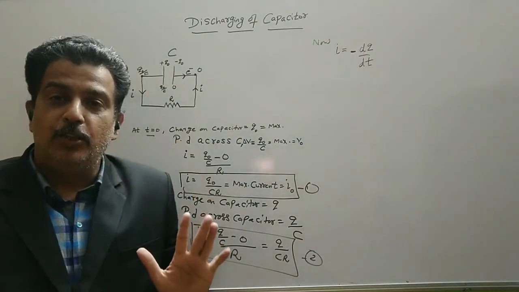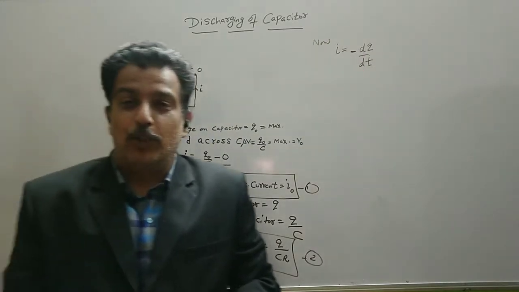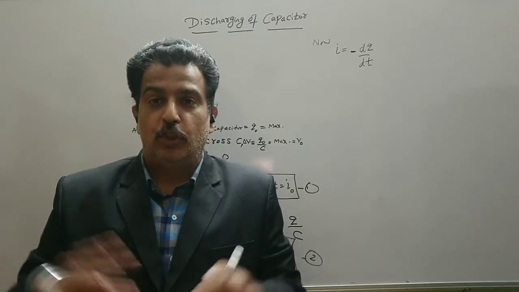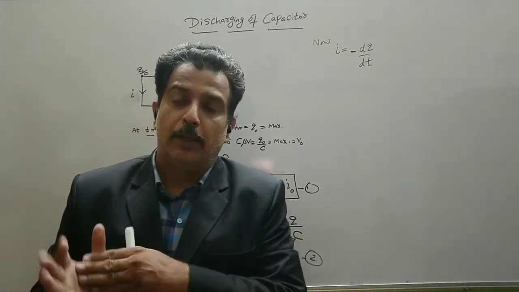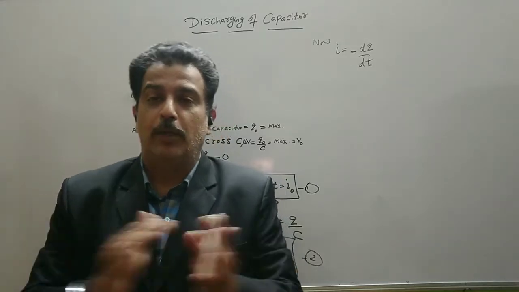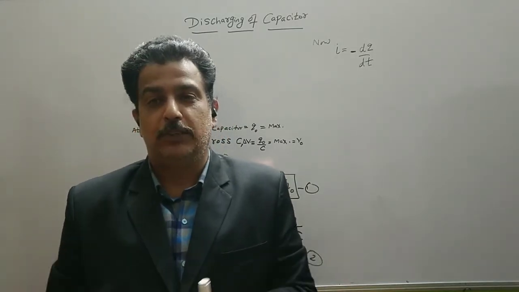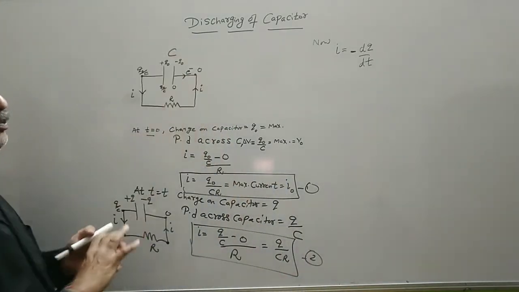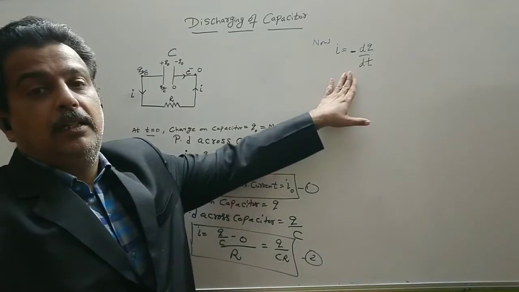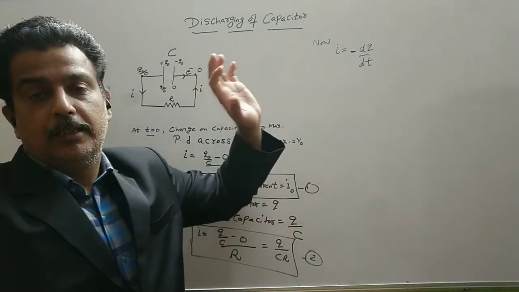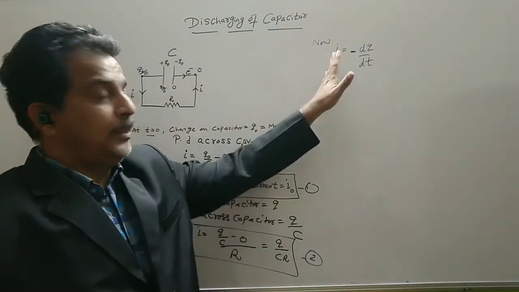But in the charging of a capacitor, the charge was increasing. So initially the charge was 0. Say after some time the charge is 1 coulomb. So what will be the change? 1 coulomb minus 0. So that was a positive quantity, so we have taken it positive. Here you should take a negative sign. You have to consider this to keep I positive.